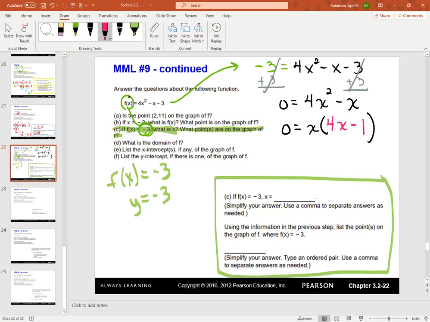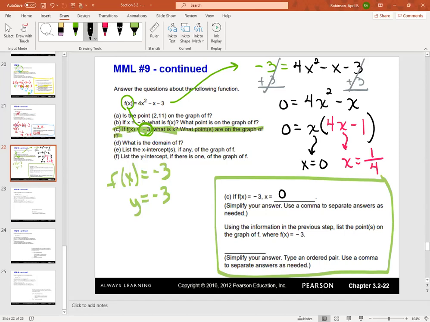4x minus 1. So my two possible answers are, for this x right here, it's just flat out 0. But for this x, I'd have to add over the 1 and then divide off the 4. So positive 1/4. When you go to put your answer in, simplify your answer, use a comma to separate answers as needed.